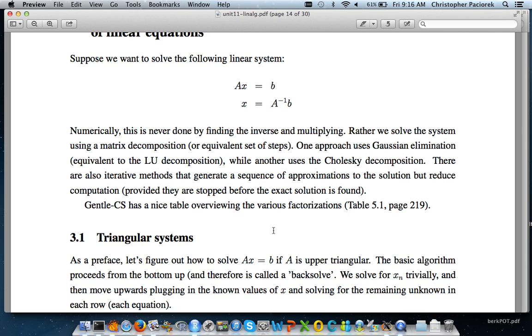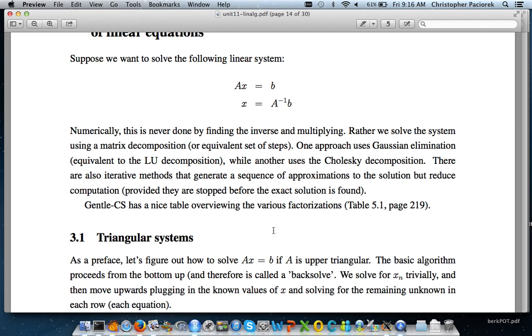So, in order to find xn, I can just take xn equal to bn divided by ann. And once I know what xn is, now if I look at multiplying this column by this row, there's only one unknown at that point. I just don't know what xn minus 1 is, so I can solve for xn minus 1.